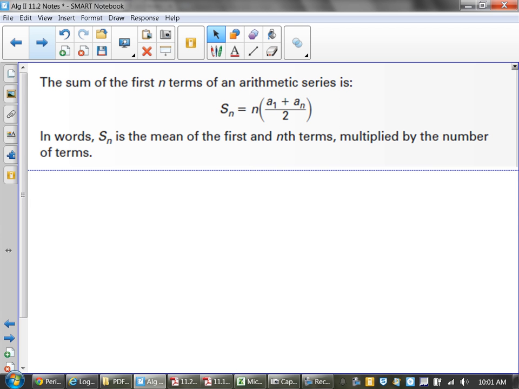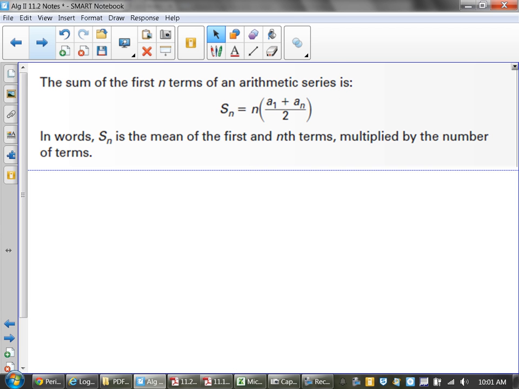We used the summation notation. Well, here we're not writing out the summation notation, we're writing it as a different formula. And what's going to happen here is that the sum of however many terms they're asking you to do will be that many times the first term plus whatever that term is, over 2.